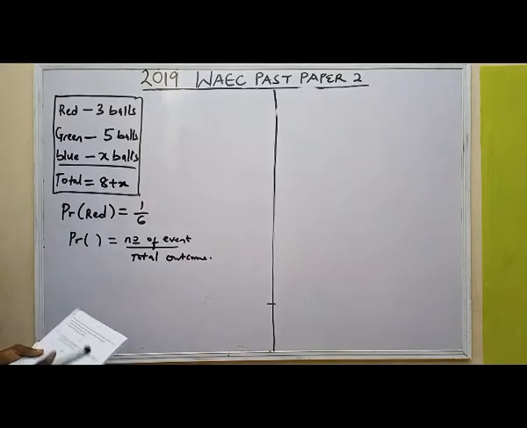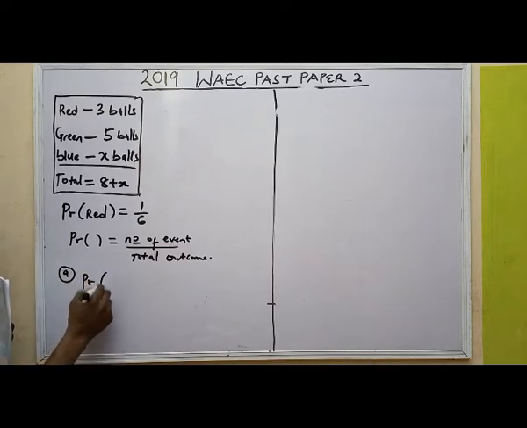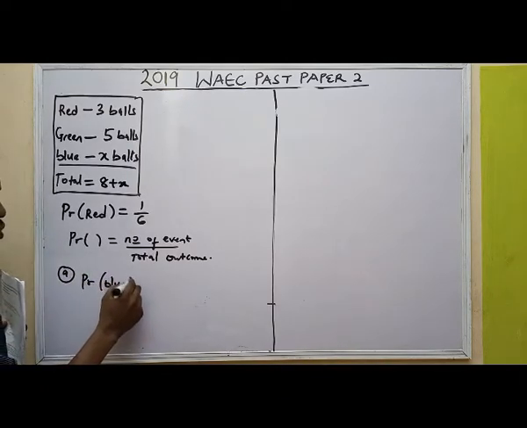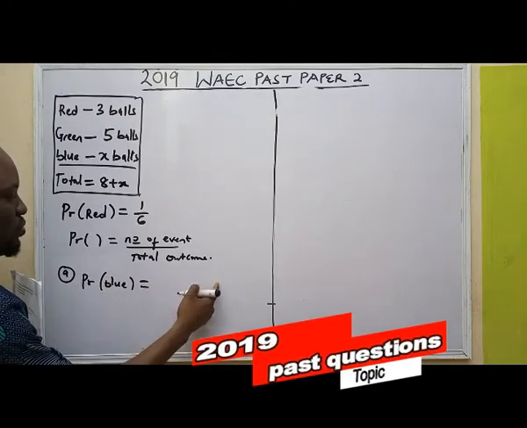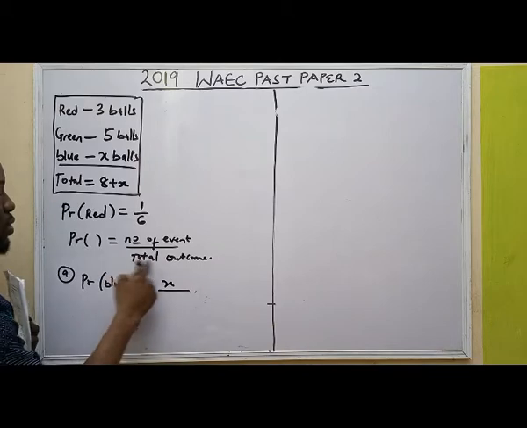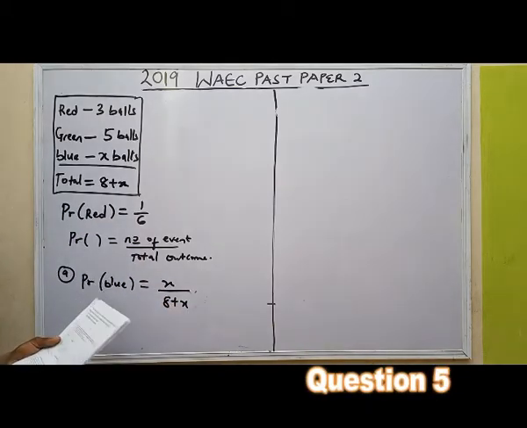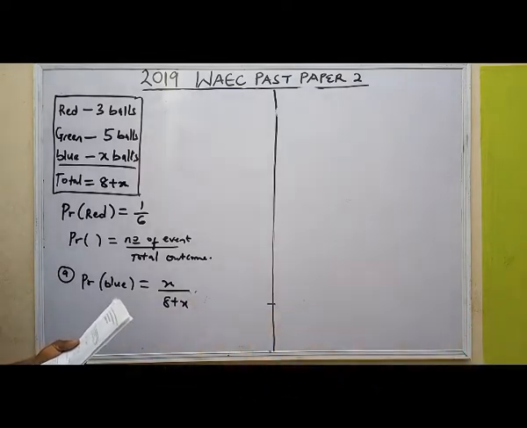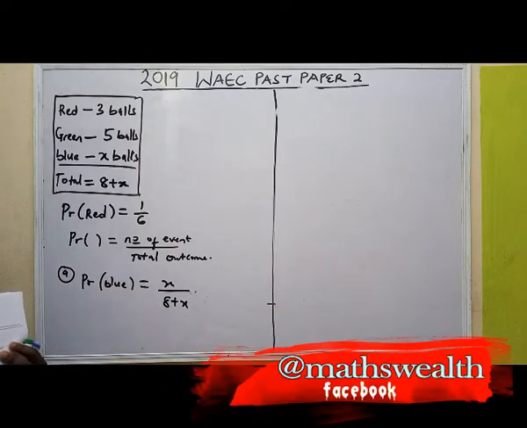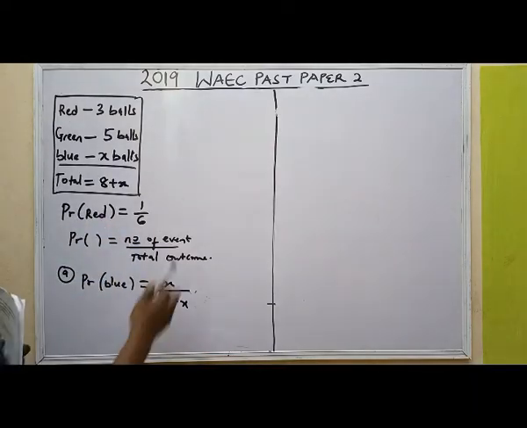Now, if we go to the first question, the number of blue balls, part A, probability of blue will be number of blue, x from the question, all over the total outcome, 8 plus x. The question wants to know how many blue balls are in the sack, but we can't get that with this information. So we're going to go back to the other information.